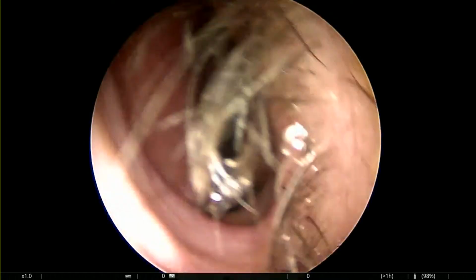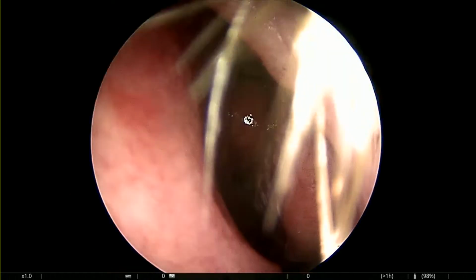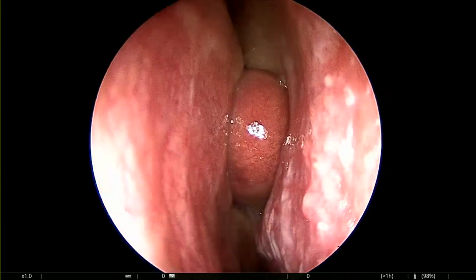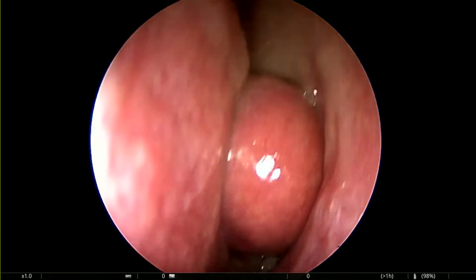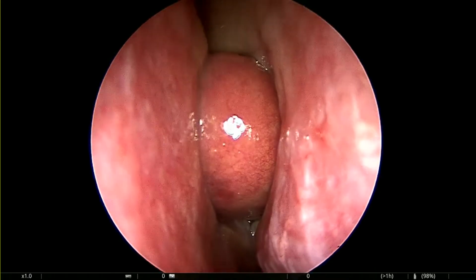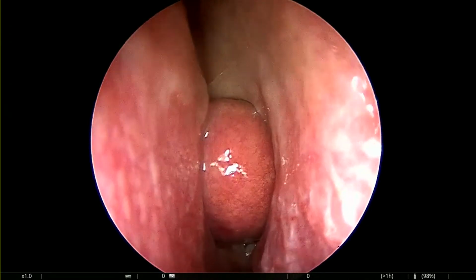On the left side, this is the endoscopy. As you can see, here is the middle turbinate, and with the spatula, please.